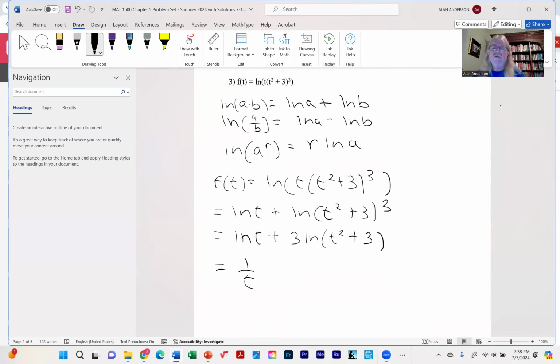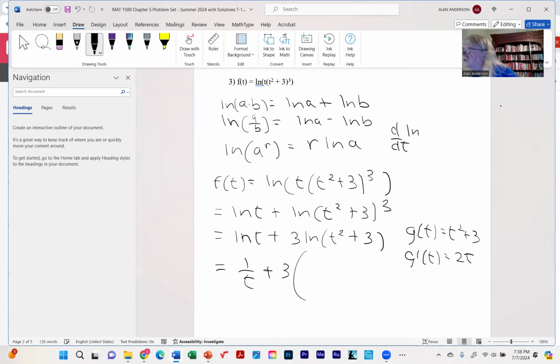Now, what about the second one? All right, well, here, think of this as g of t is t squared plus 3, and therefore g prime of t is 2t. So what I've actually got here is 3 times. Now remember, the way that rule works is that the derivative of log g of t would be g prime of t over g of t.